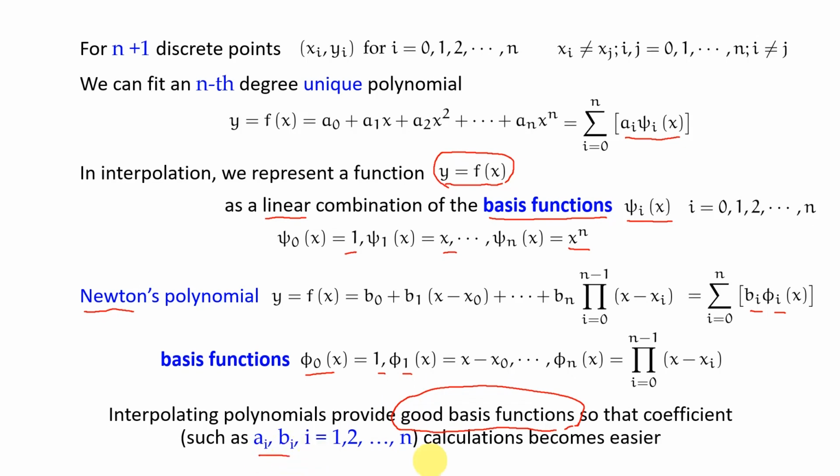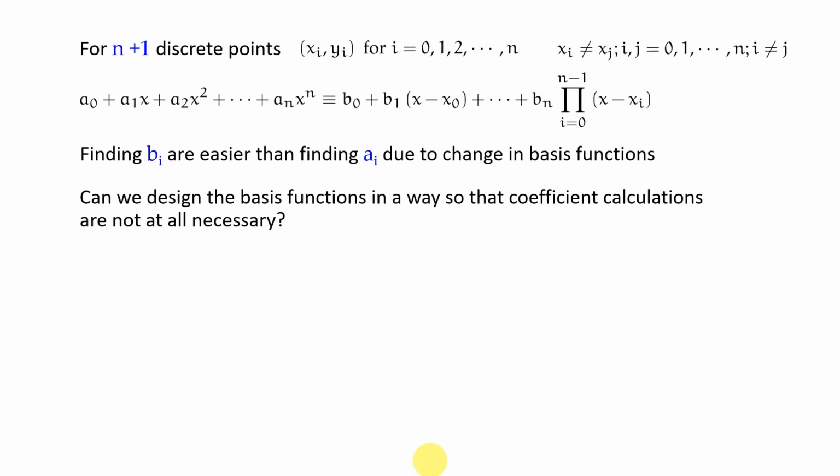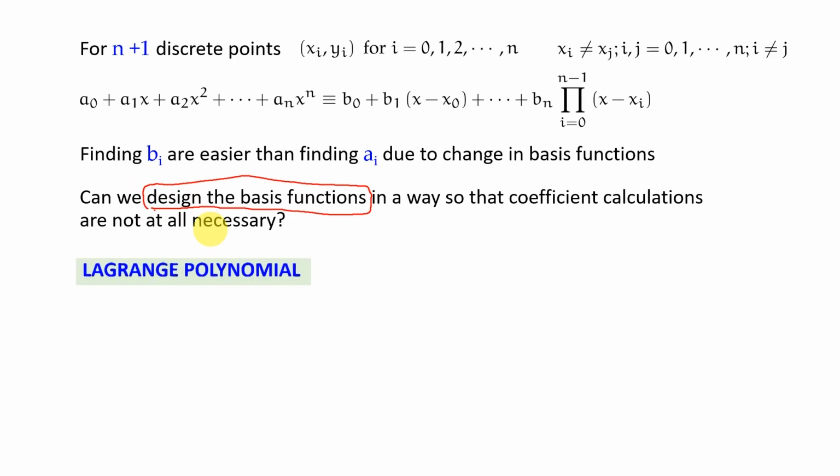So the goal is to select basis function to get the coefficient easily, and we want to stretch this to an extent where we don't want to calculate the basis coefficients at all. So we want to design the basis function in an intelligent way, so the coefficient calculation will render unnecessary. And let's see how we can do so.